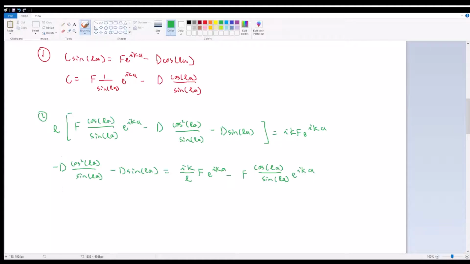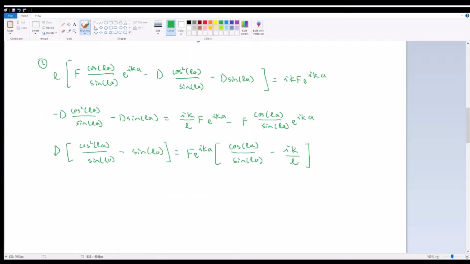Let's do a little bit of distributive property. So D is going to equal, and I'm going to move the negative over to the other side. So D multiplied by cosine squared LA over sine LA minus sine LA is going to equal F times e to the IKA multiplied by cosine of LA over sine of LA subtracted by IK over L. Yes, okay.